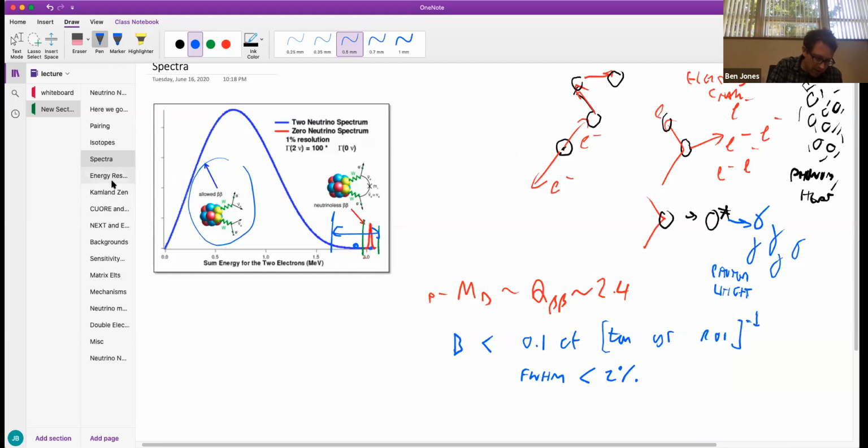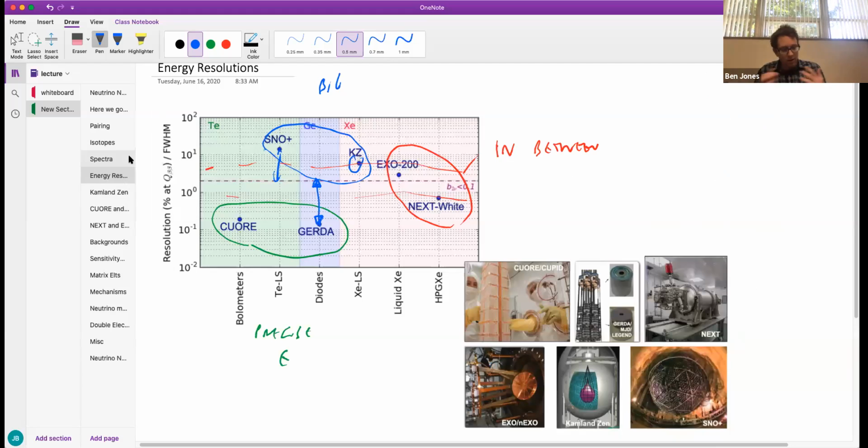Now, the other backgrounds in these experiments, though, can be rejected in other ways not to do with energy measurement. In particular, these experiments over here utilize other mechanisms for rejecting the backgrounds, which are not the 2 neutrino mode background. Those other mechanisms only really become relevant when you get below this line, and then you're not dominated already by the 2 neutrino mode one.